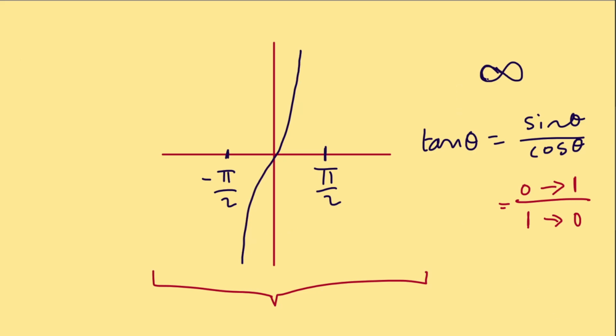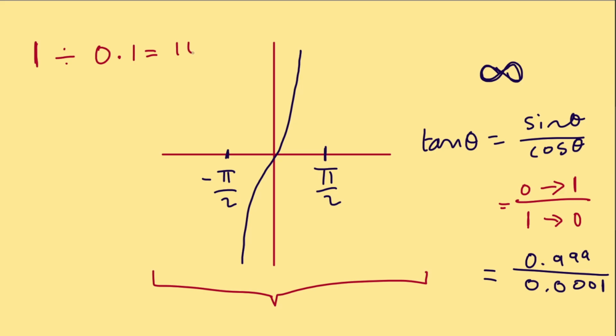Now, how does infinity work? Where does infinity come into play here? Let's say you reached really close to pi over 2. So sine became 0.99999, and cosine is 0.00001. Right, you're very, very close to pi over 2. Now what happens when you divide by a number smaller than 1?